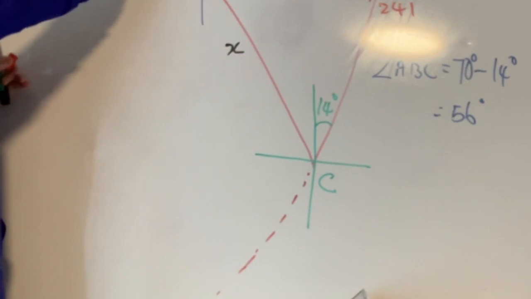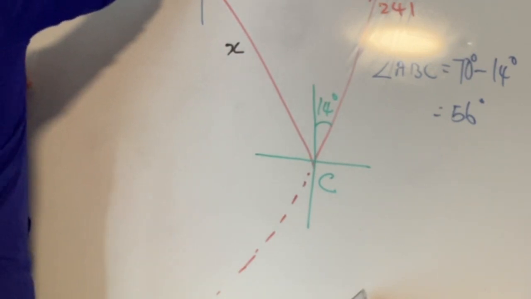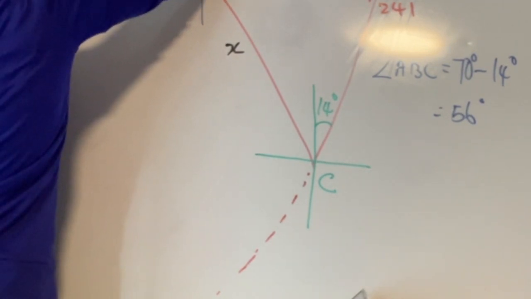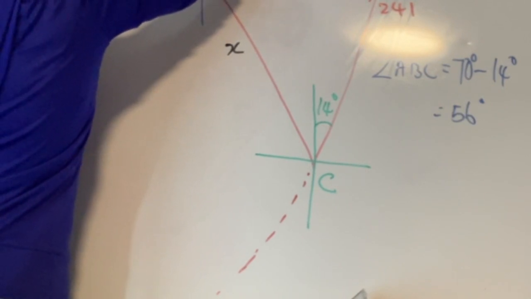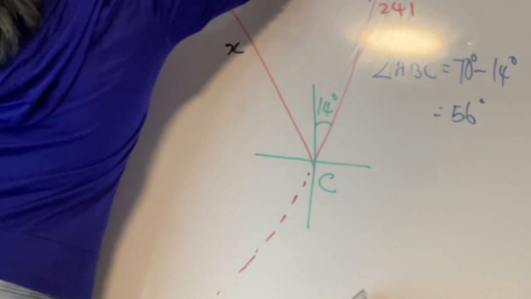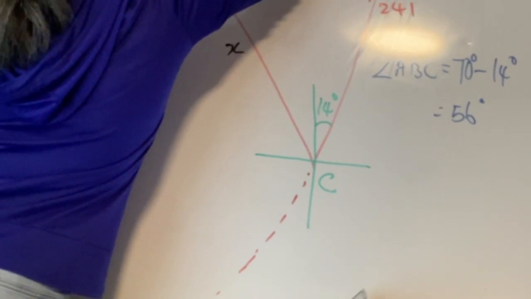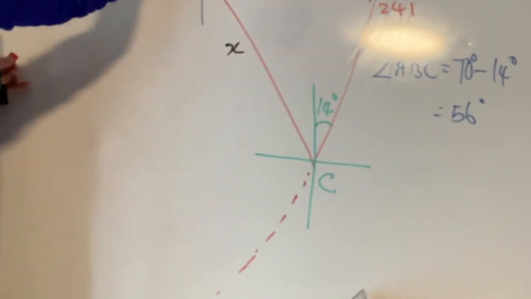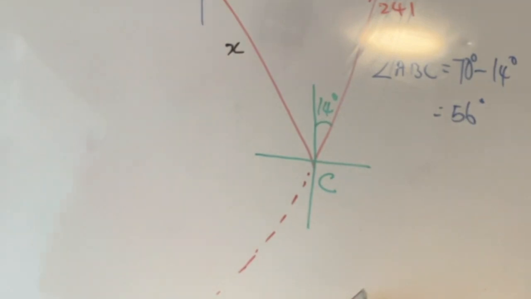So x squared equals 164 squared. Yes, and that will give you what x equals to.